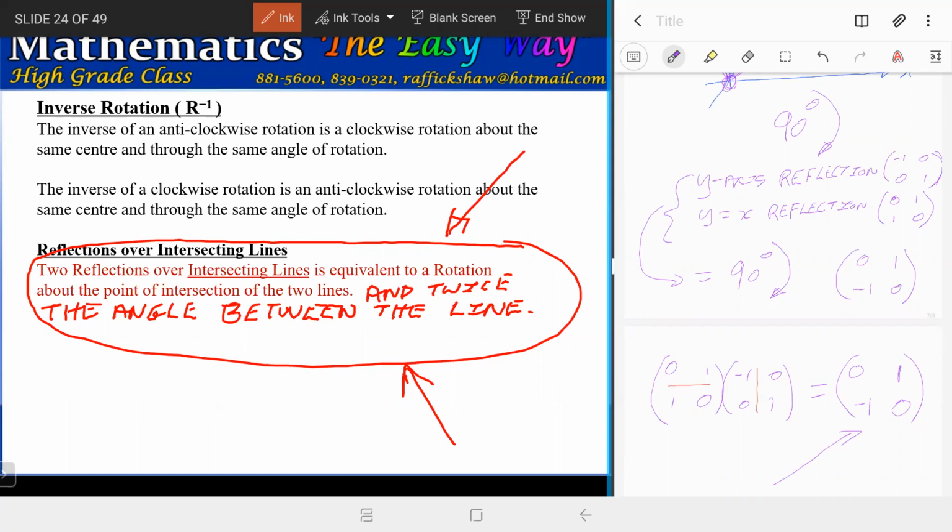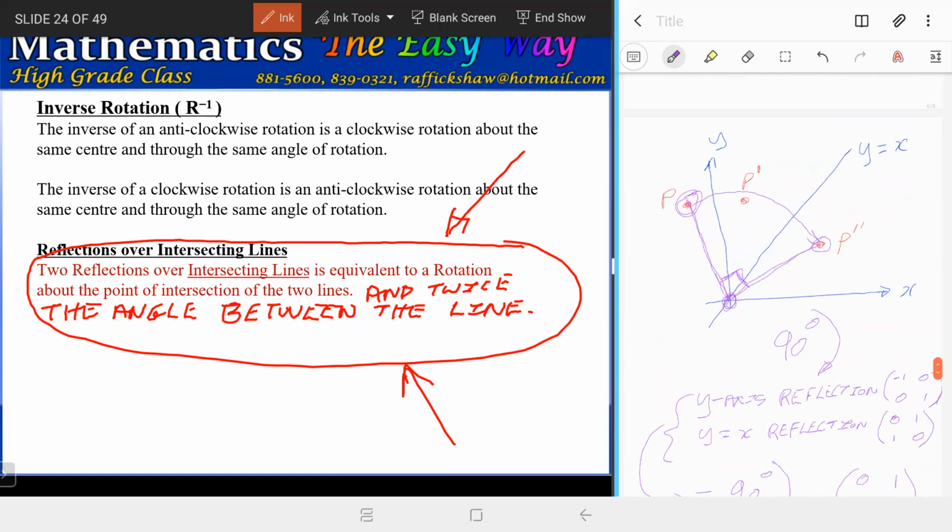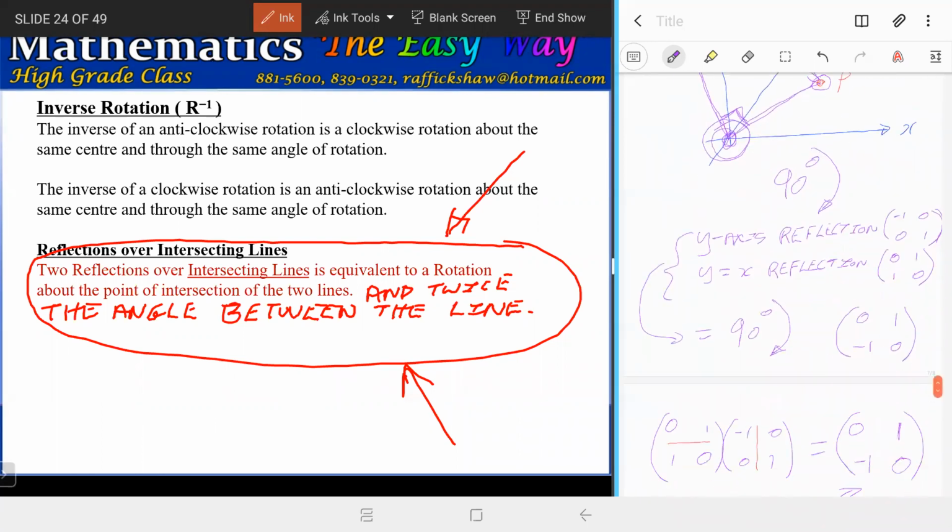And I know that because one line was the y-axis and one line was the line y equals x. Those 2 lines are 45 degrees apart. So the rotation angle that I'm getting is a 90-degree rotation angle. Also, the 2 lines meet at the origin right here. So the center of my rotation is the origin. And I know the 90-degree clockwise rotation matrix about the origin is this one.